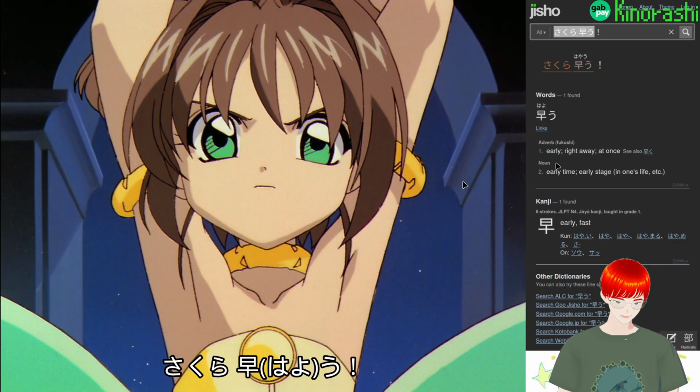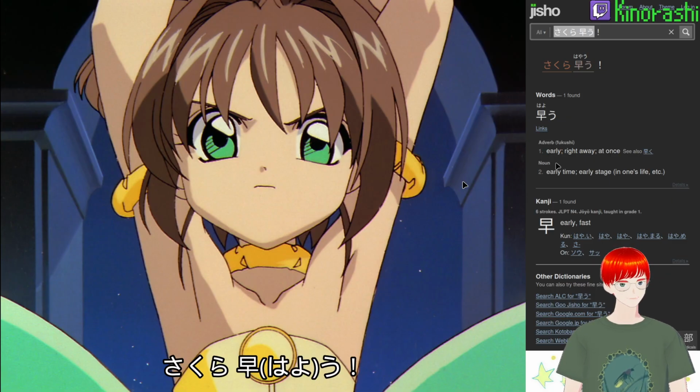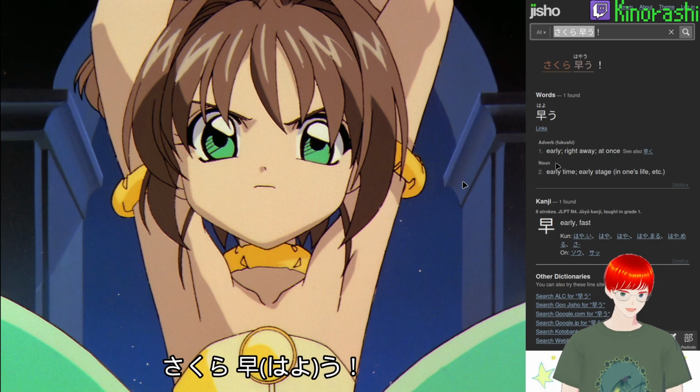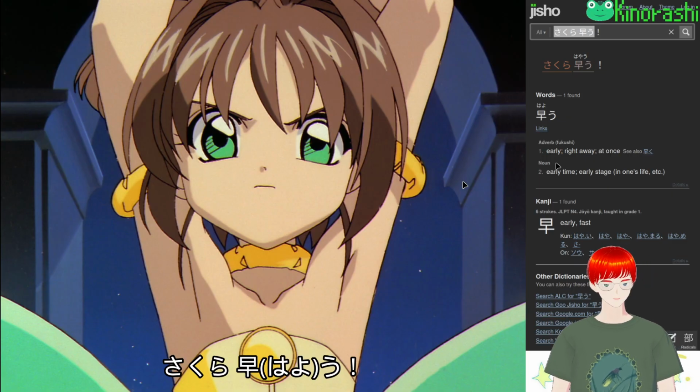In some contexts, it feels less like a direct order, do it now, and more like a wish or observation, or I hope you do it soon. So they're saying hayo sounds more focused on being quick and less like a command, and also has a wish tone, is what they're saying.